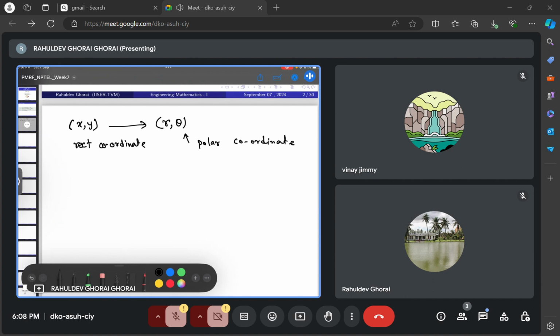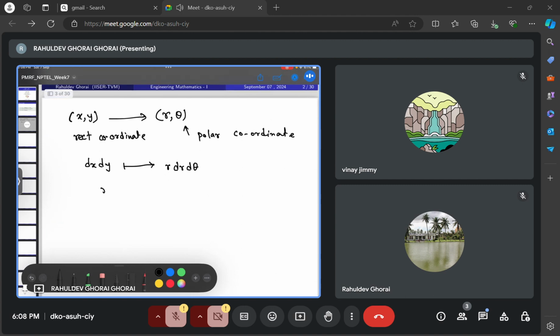One thing you have to remember: when you change xy to r theta, dx dy will change to r dr d theta. We need this when we do the integration in polar coordinates. Always take x equal to r cos theta, y equal to r sin theta.